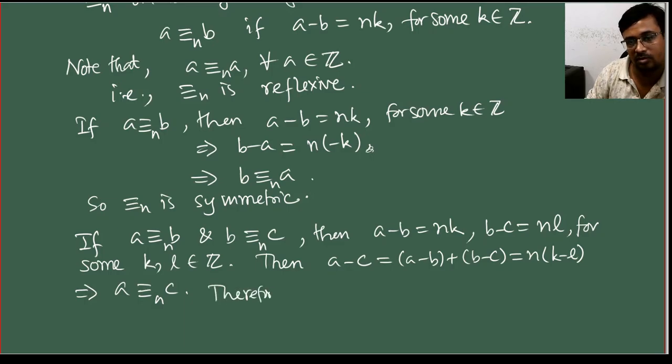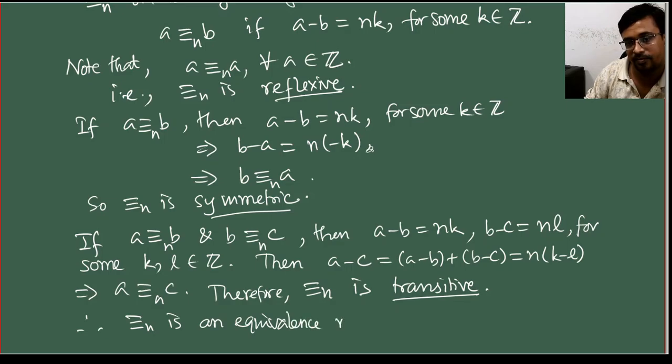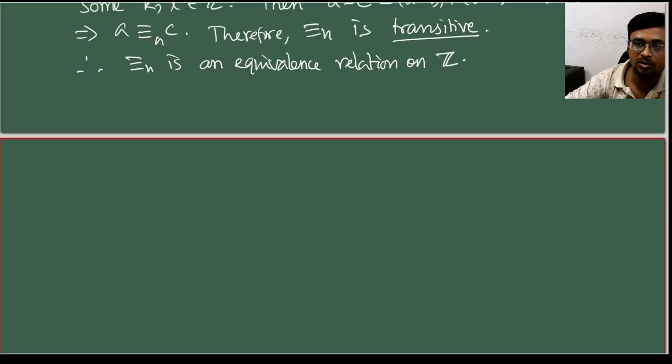Therefore this congruence modulo n relation is transitive. Since this is reflexive, symmetric, and transitive, it is an equivalence relation on the set Z. Once we have an equivalence relation on a set, that set breaks into a disjoint union of its equivalence classes. Let's see how the equivalence class of an element looks.